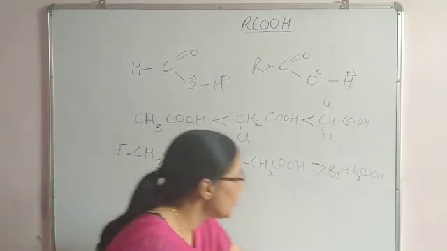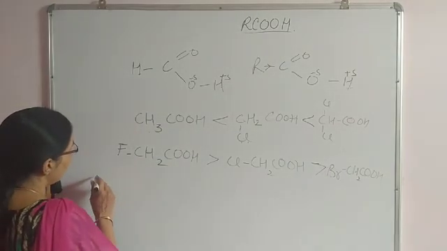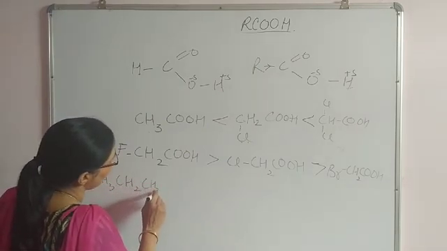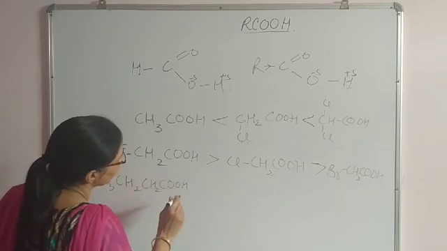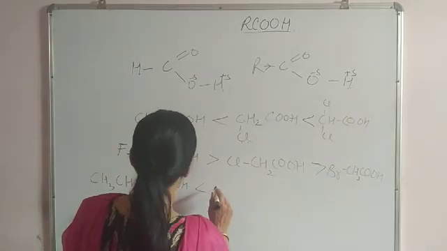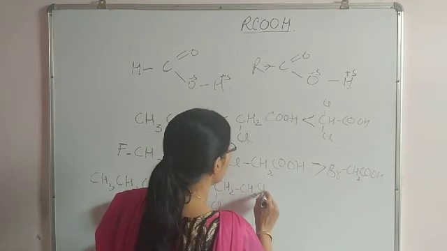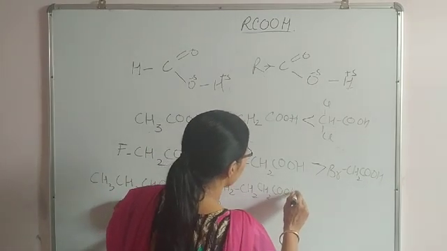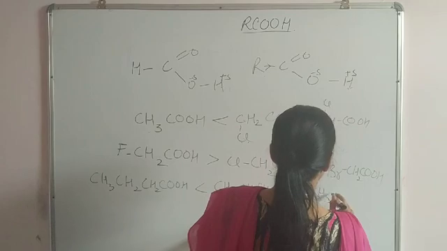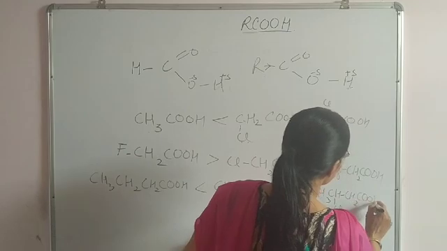Now one more point of comparison: distance of the halogen. Distance means carboxylic acid containing more carbons I have taken. Now if I take CH2Cl CH2 CH2COOH, then in the next one, CH3 CHCl CH2COOH.